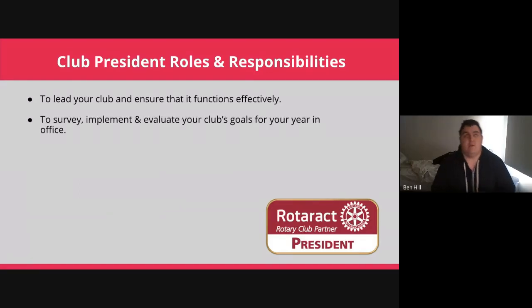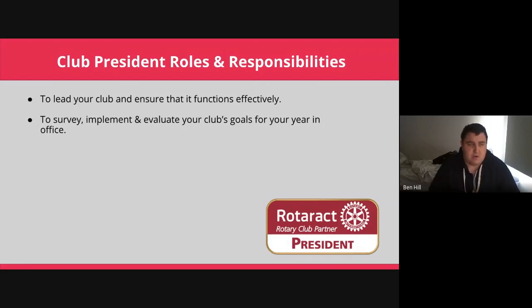So as Beck mentioned in her last session, it's important to start out your year asking what your club wants to achieve. Then throughout your implementation throughout the year, it's important to evaluate as you go, not just at the end of the year.